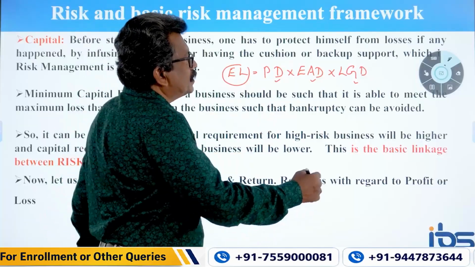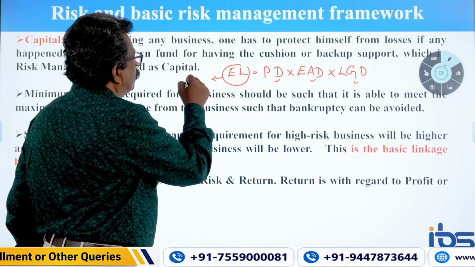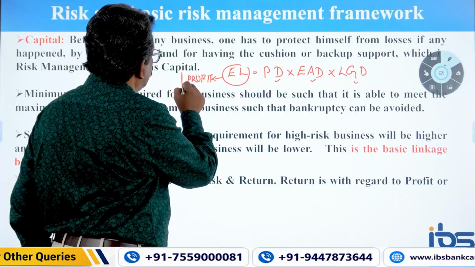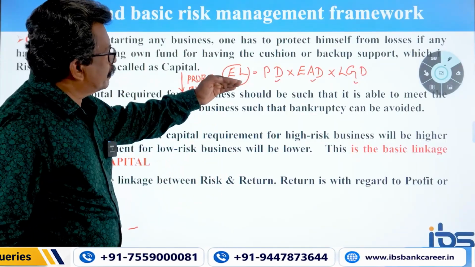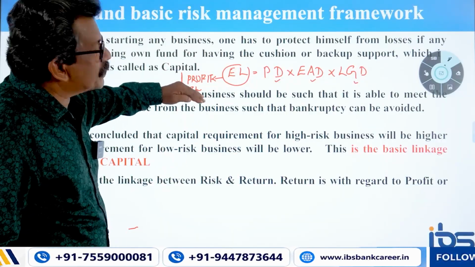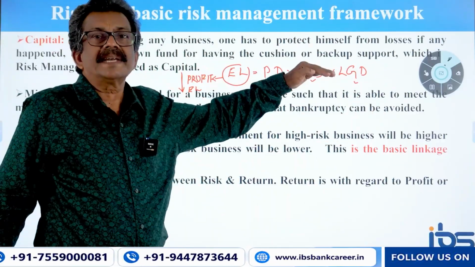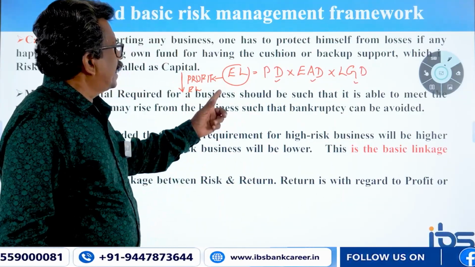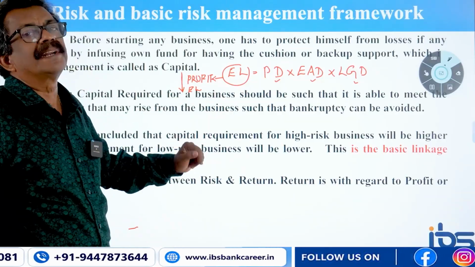This has to be reduced from your profit. So profit will come down to the extent of this expected loss, and you take that portion of the profit to the provision in the balance sheet. That will act as a cushion or buffer. It's a part of capital. So that is the expected loss. So in this process, what will happen ultimately?